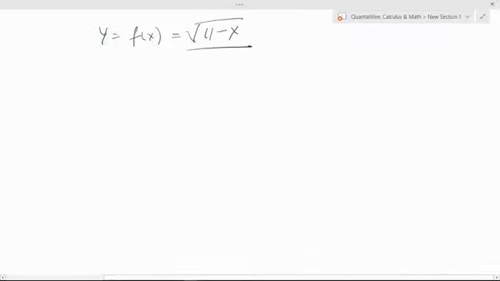y equal to f of x is equal to square root of 11 minus x. We have seen that the domain of the numbers which it can work is from minus infinity to 11. So let's say if I'm going to be putting x is equal to minus 2.